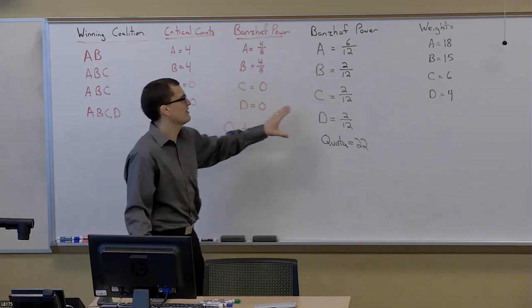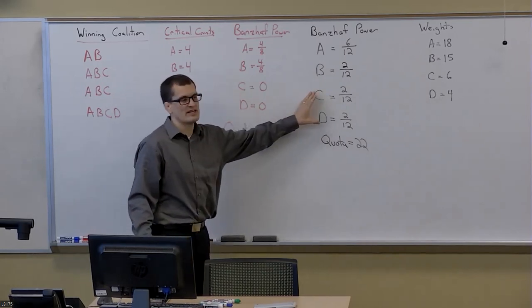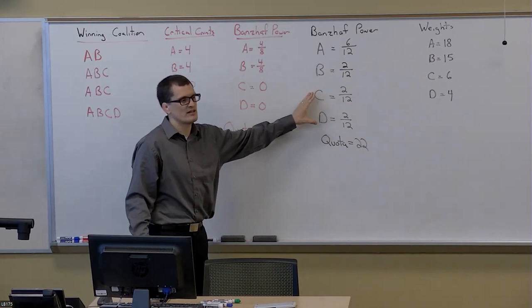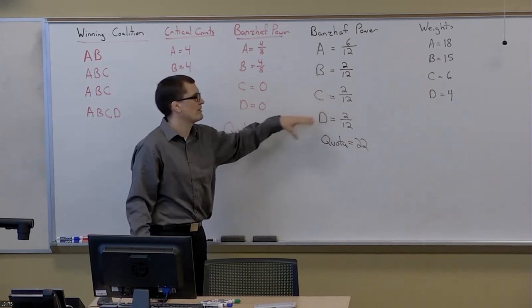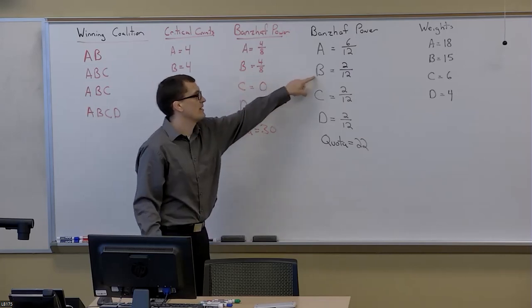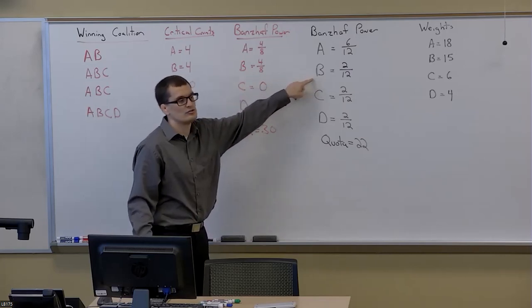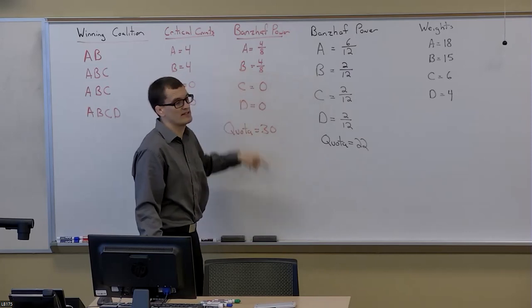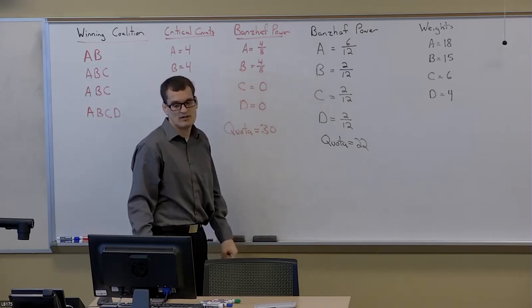C and D went from having 1/6 of the power, 2/12 of the power, to having no power. And B went from having 2/12 of the power to having essentially half the power, just by switching the quota.